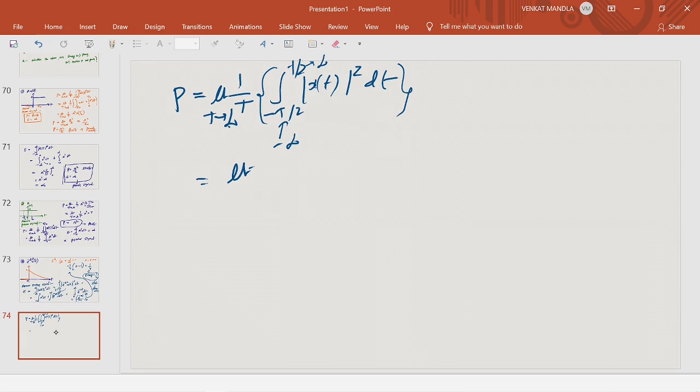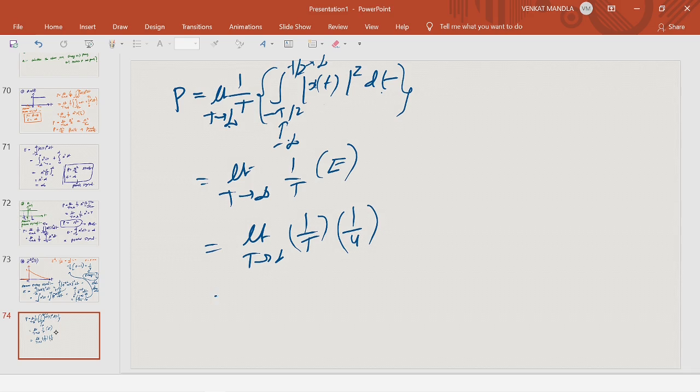So limit T tends to infinity 1 by T integral minus infinity to plus infinity of x of t whole square dt is the energy of the signal. And you got energy is finite, that is 1 by 4. Limit T tends to infinity 1 by T into 1 by 4. So if you substitute T tends to infinity, you will get 1 by infinity into 1 by 4, that is 0. So this is an energy signal and the power of an energy signal is 0. Okay.